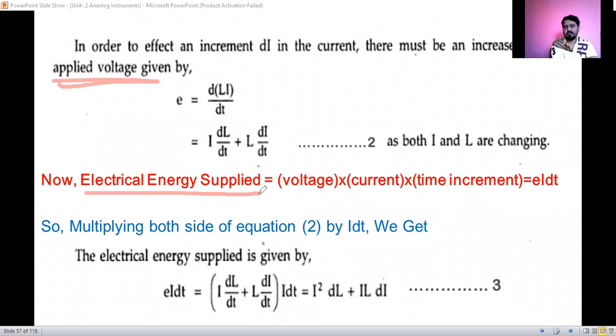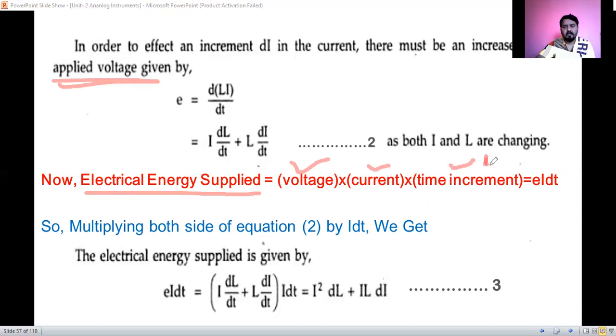So the total energy supplied is the product of voltage and current with the change in time, or time increment.